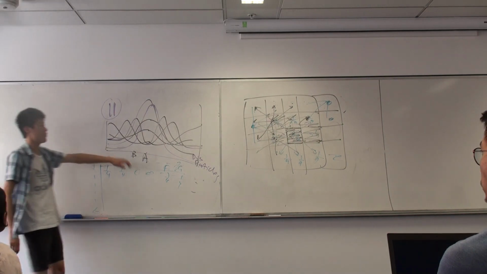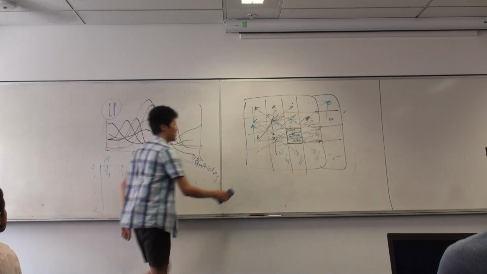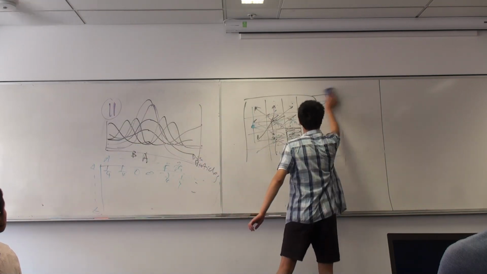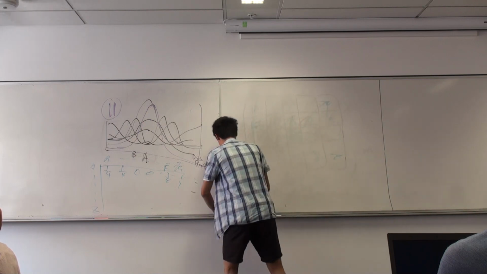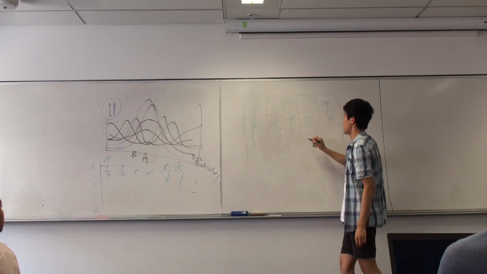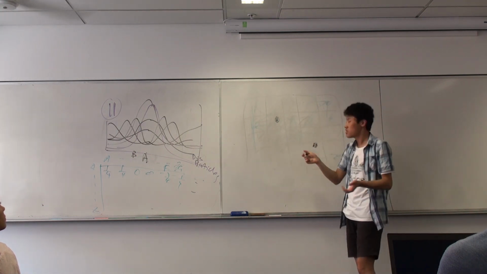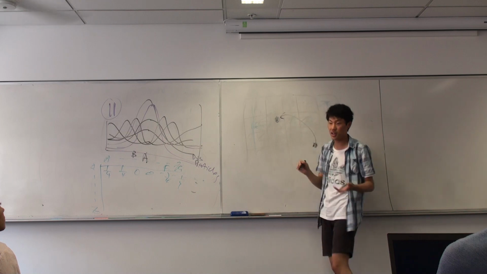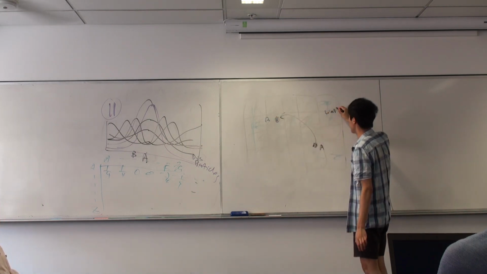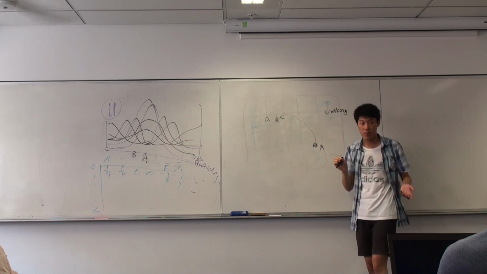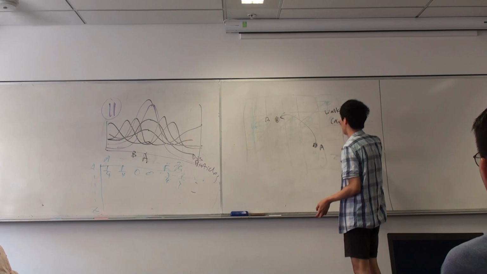Another application: remember I was talking about virus spreading? If I start from some population center and another population center, people can move around. So you have to consider the probability of people walking from A to B. But also people can take a car, so you have to consider that.